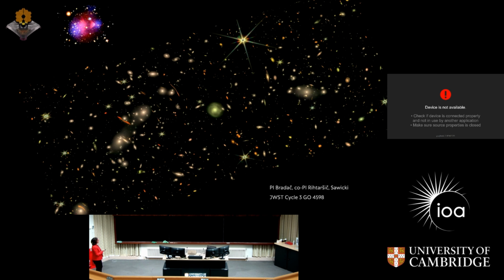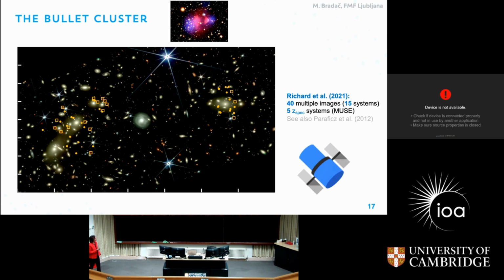Because what we do with the Bullet Cluster, of course, we are going to be using it to measure the properties of dark matter. In order to do that, we need a precise lens model for this cluster. And what you see here is what the status of the observations was before JWST. So before JWST, we had 40 multiple images, 15 systems, and only 5 of those had spectroscopic redshifts.